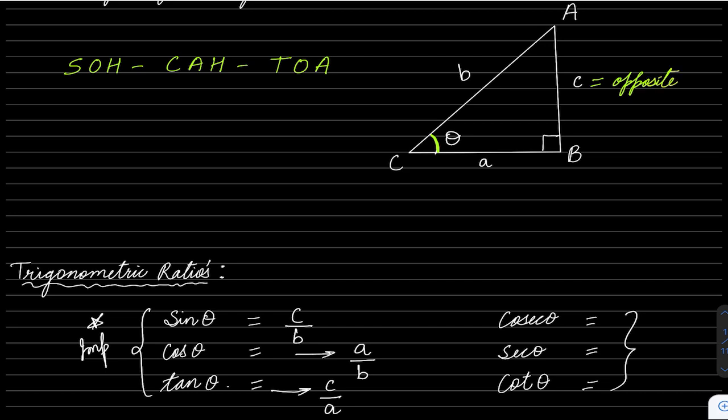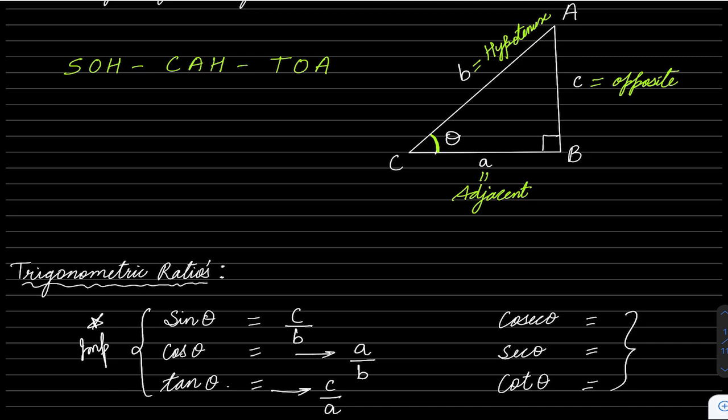And hypotenuse, we always know that's the longest side of the triangle, and the side that is remaining, that is adjacent to theta. So this side a is known as adjacent. They are not fixed, just remember this, it depends on the angle theta. Because angle theta is angle C, opposite to that is AB, adjacent becomes BC, and hypotenuse is the longest side, which is AC.